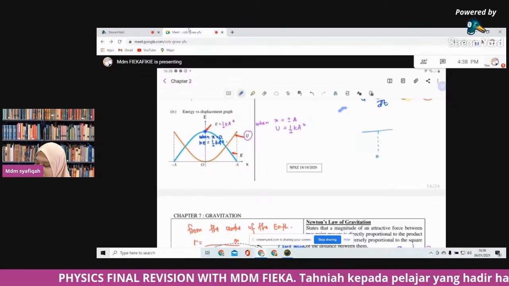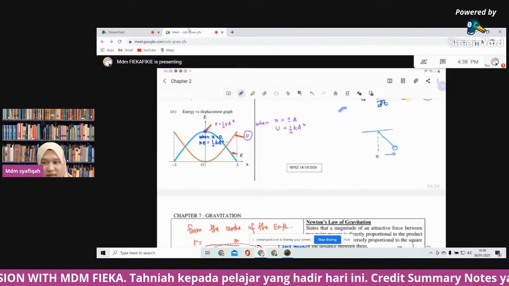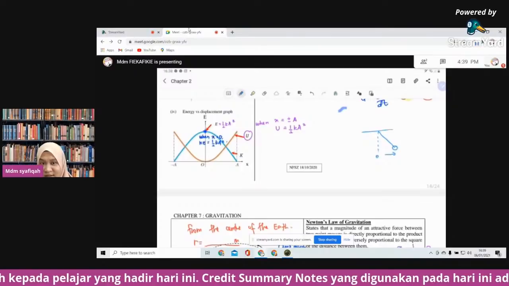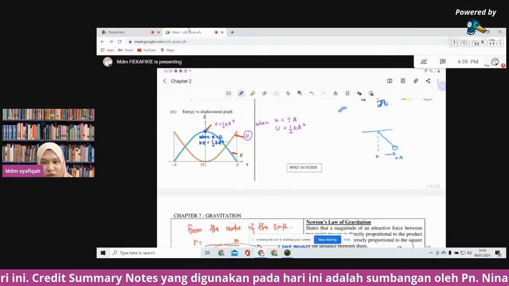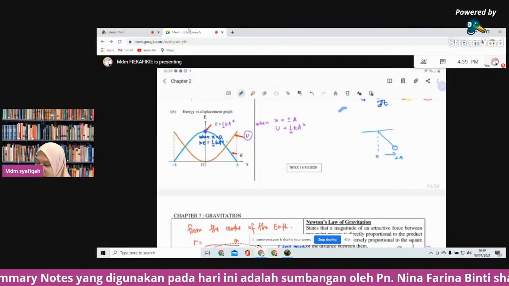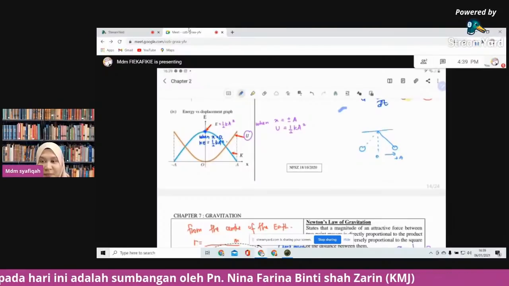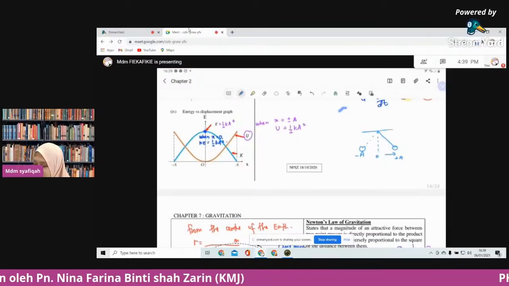Sini O, equilibrium position. Kalau tarik ke sini, A dia positif ke negatif? To the right kan? So ini positif A. Tengok pada soalan. Okay? So sini adalah, dia benda yang sama. Magnitude dia sama, direction saja yang berbeza. So ini negatif A.